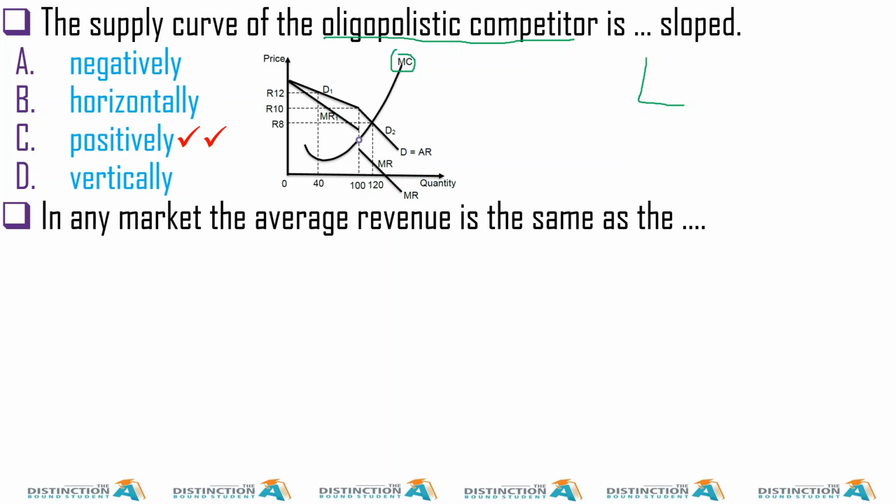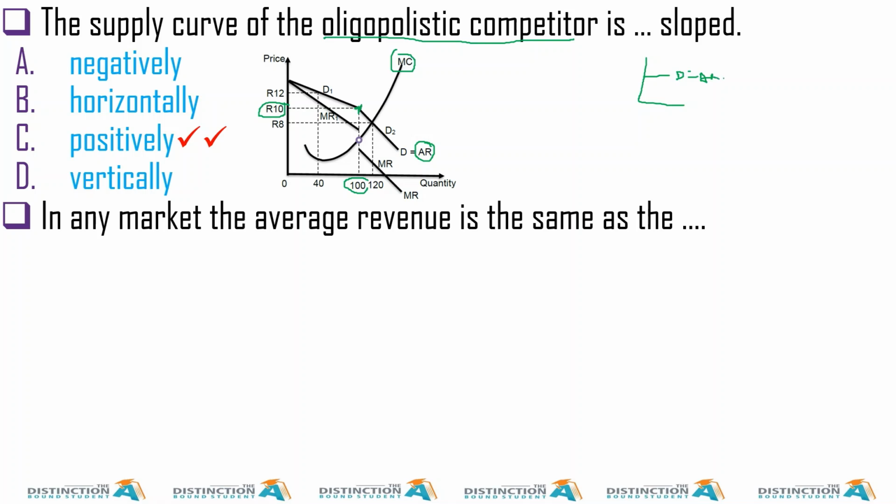In any market, the average revenue, okay, let's try to see something here. Okay, we already have this market here. And they say the average revenue. Let's look at this average revenue, and our output is 100. So it is equal to what?